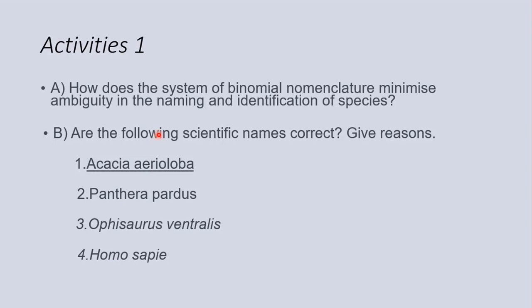I would say it's already 8 marks. So your examiner will expect you, because the question says, are the following scientific names correct, yes or no, true or false. But let's say yes or no.